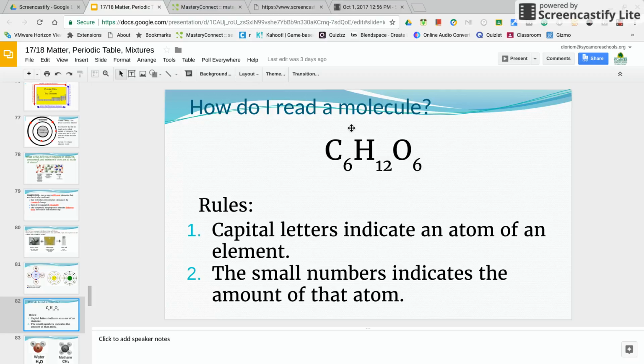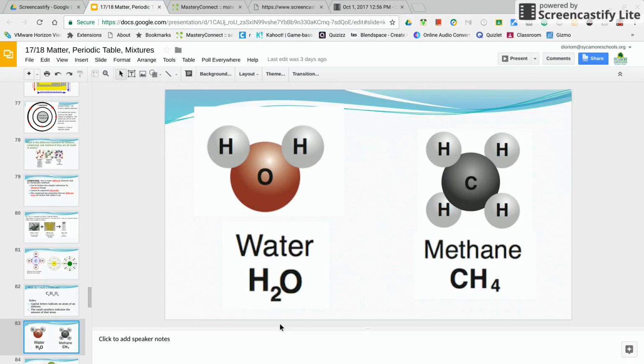So it's actually a very large molecule because it has a total of 24 atoms that make up one molecule of glucose, which is what this formula is for. And I can look at that symbol and I can tell that there's two different elements that make up water, or I could look at a visual representation that shows that I have two different atoms that make up water. Here I can see I have two different elements or atoms that make up methane.